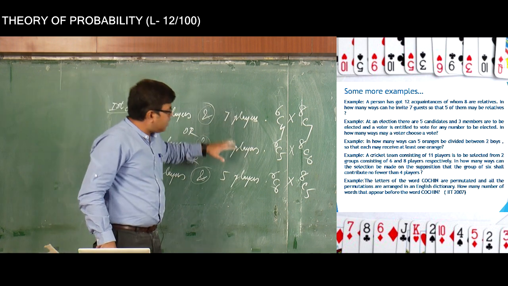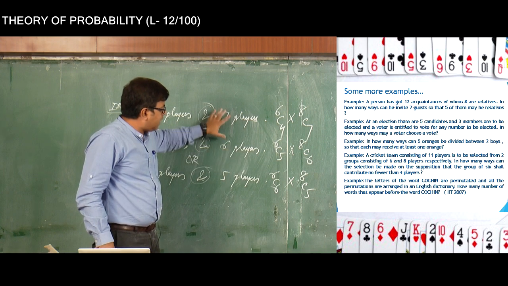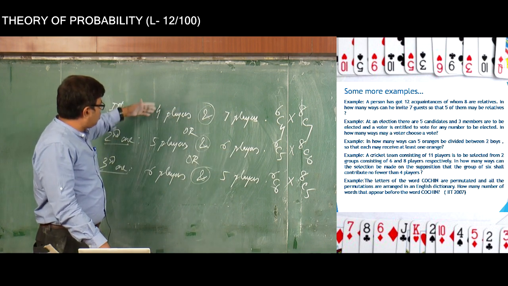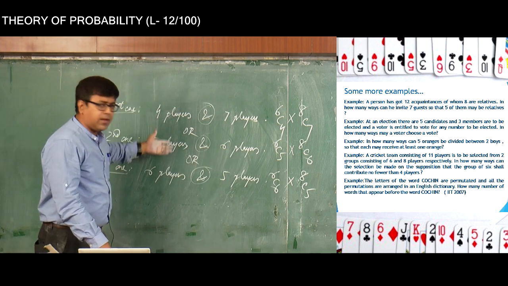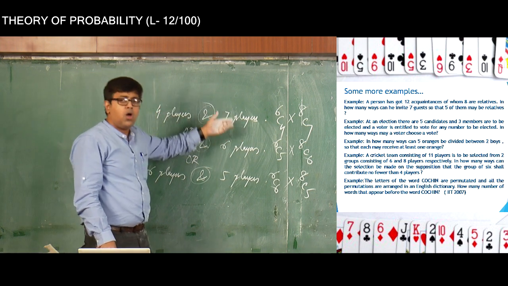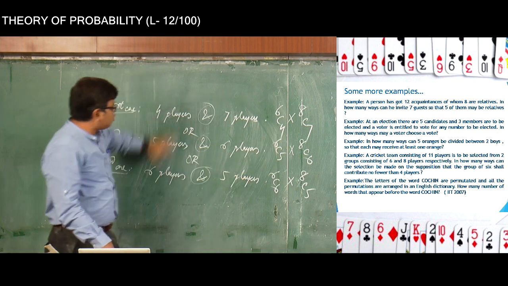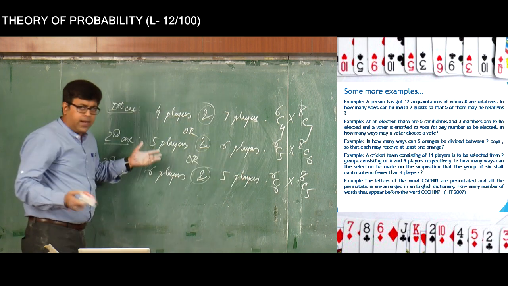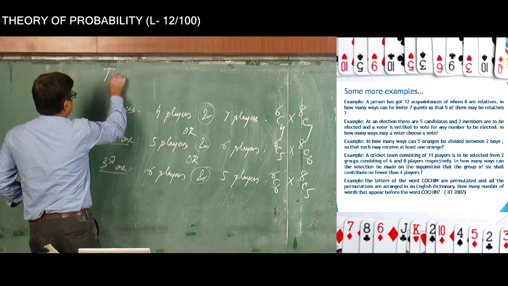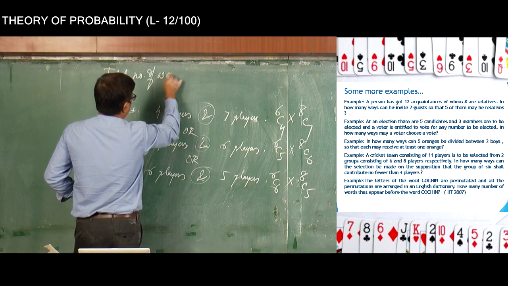So I have found out the number of ways of selection of this combination of players to form a cricket team. But I know now that either one of the 3 cases is going to occur. It's not that I'll be able to do all the cases. It's absurd, because you can make only one selection. Either this combination, or this combination, or this combination. You cannot do all the 3 simultaneously, right? So therefore, the total number of ways will be coming from which principle?